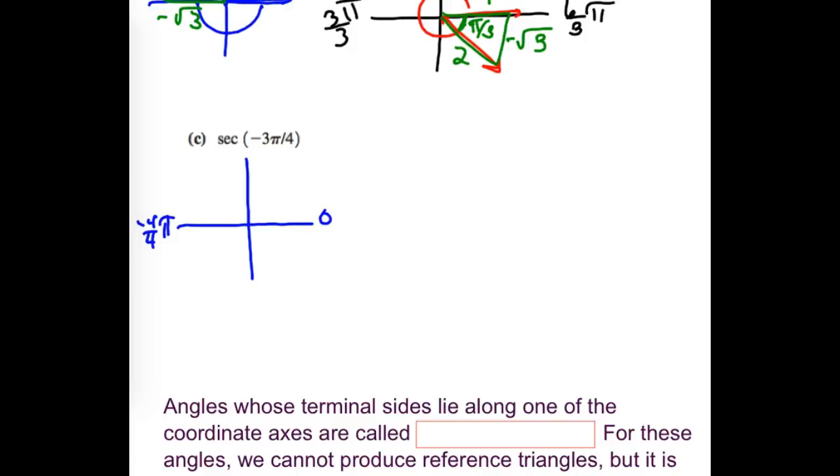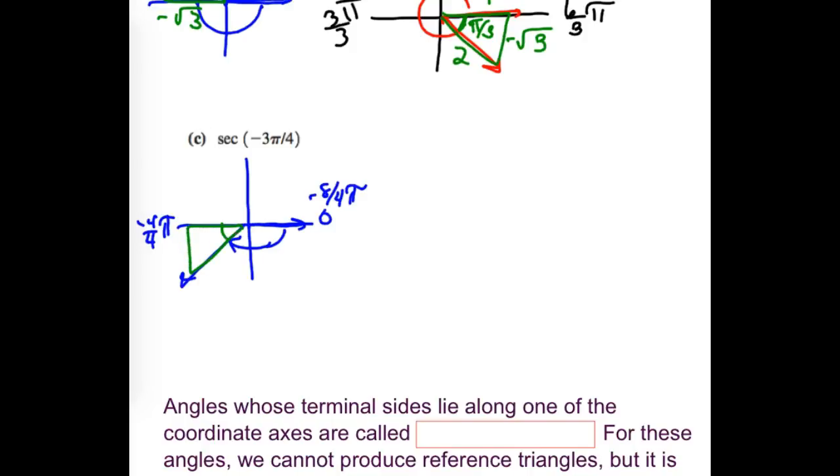All the way back around would be negative 8/4 pi. So I'm starting here, I'm going that direction. I need to go to -3/4. Which quadrant do I land in? Okay. Agree? That's -3/4 of the way, which means my reference angle is what?